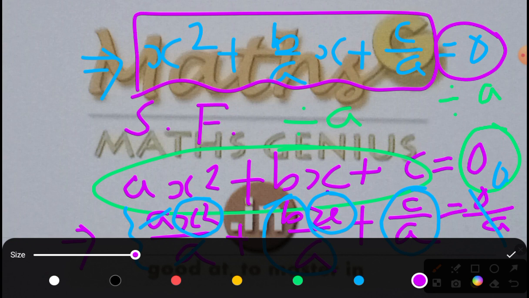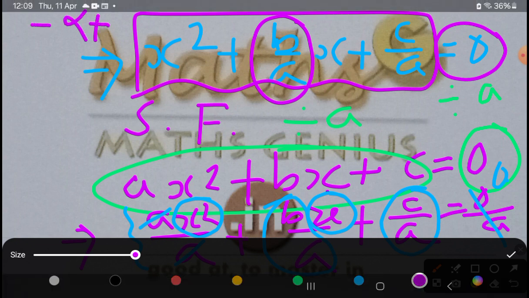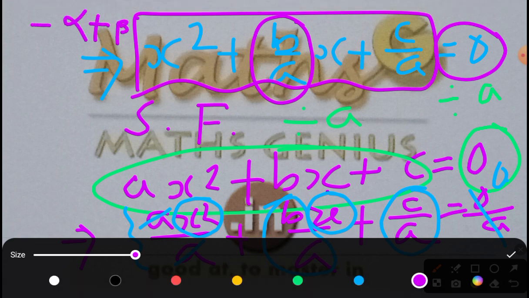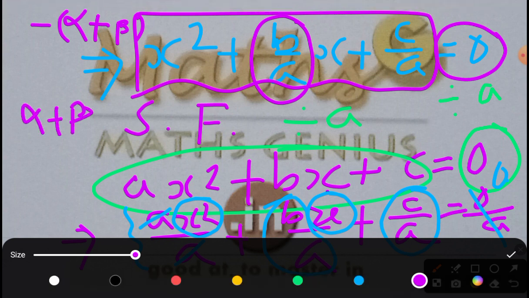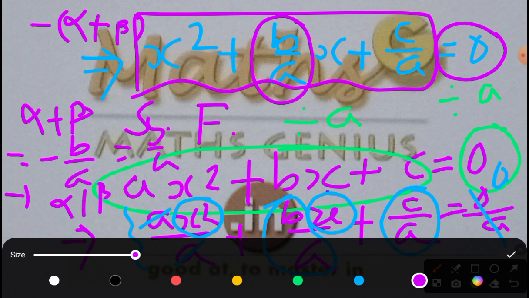Here let us see that b by a is nothing but the negative of the sum of the roots, because the sum of the roots is represented as minus of b by a. So that implies minus of alpha plus beta is equal to b by a. Similarly, c by a represents the product of the roots.